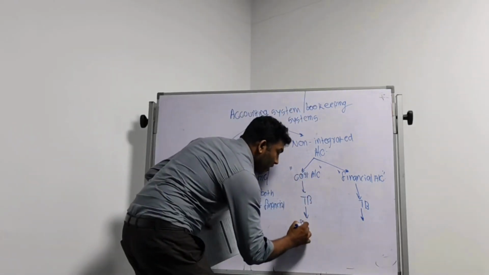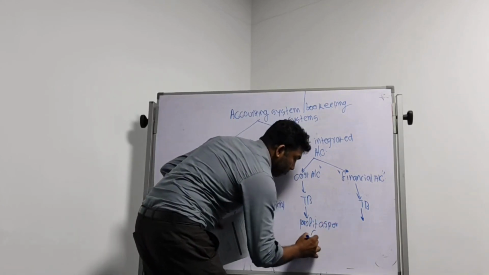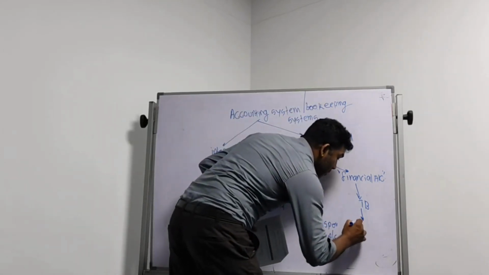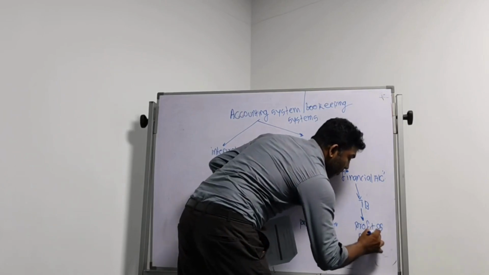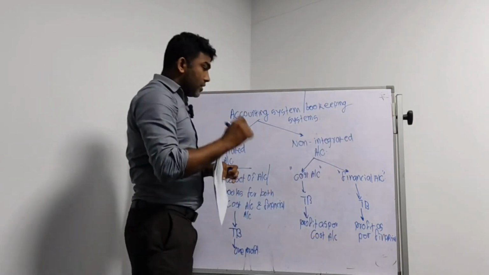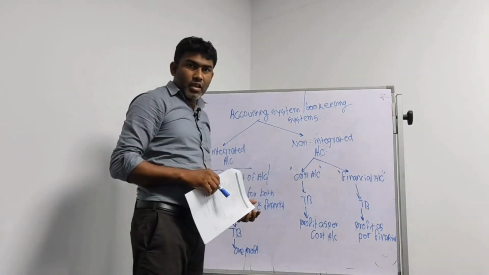One for the profit as per cost account, then here profit as per financial accounting, right? Since you're having two ledgers, you can generate two profit figures, right?